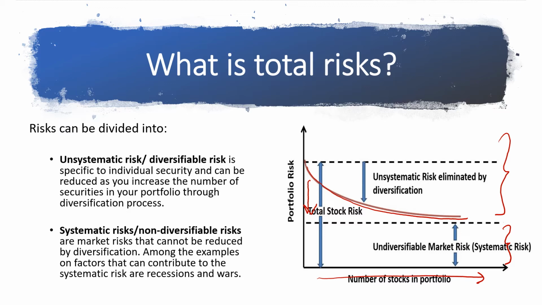Other common types of systematic risk can include interest rate risk, inflation risk, currency risk, liquidity risk, country risk, and also socio-political risk. So systematic risk to a company heavily depends on how the performance of the company reacts to the changes or movement of the overall market.